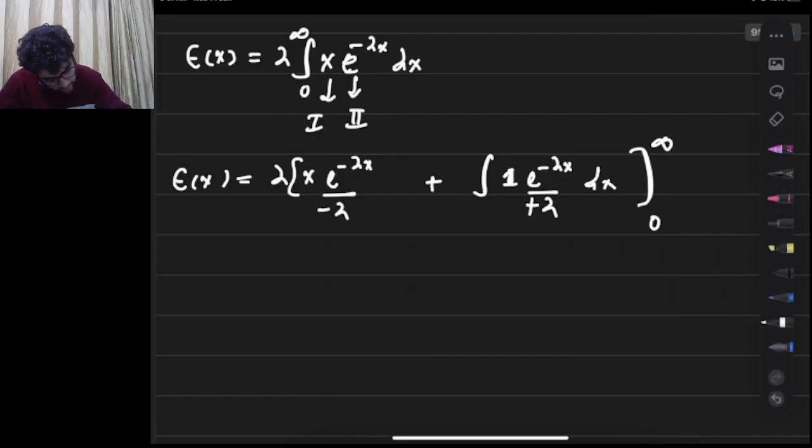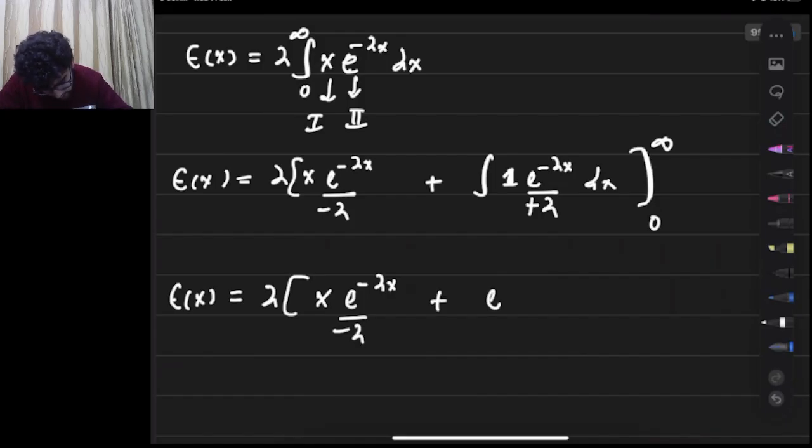So this ultimately becomes lambda x e to the power minus lambda x minus lambda, and this is positive, and this becomes e to the power minus lambda x, and this becomes minus minus, so minus lambda square, 0 to infinity.